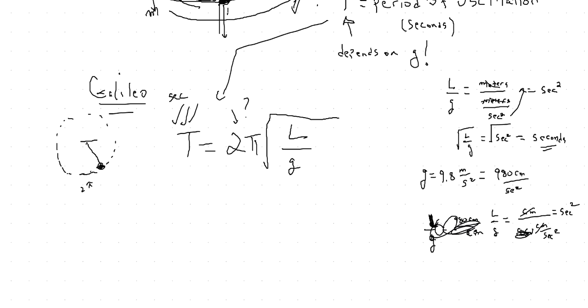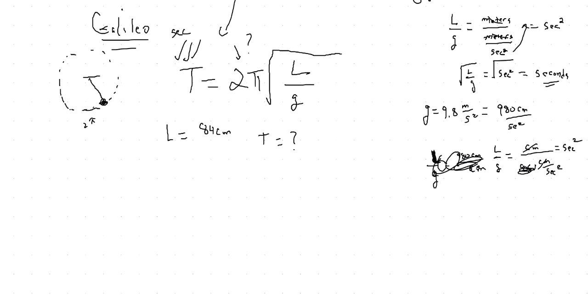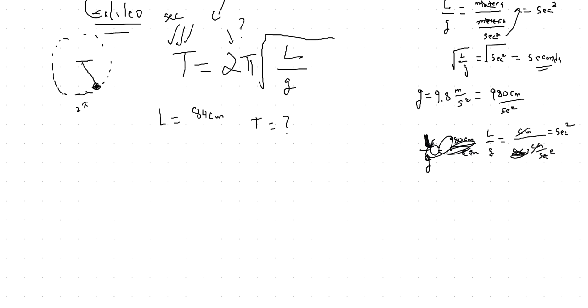So for example, if we measure L as, and I'll make this up, 84 centimeters, and we want to know what's the period. Well, there's 2 ways we can do it, and I'll let you work out the math. Now remember, 84 centimeters is the same as 0.84 meters, okay?